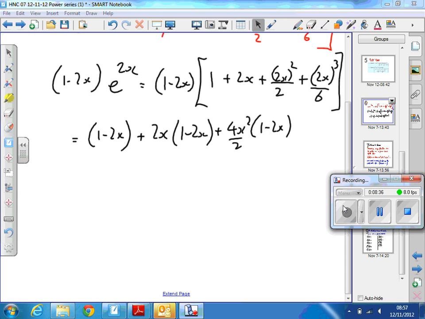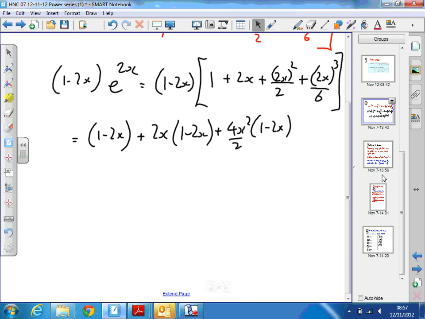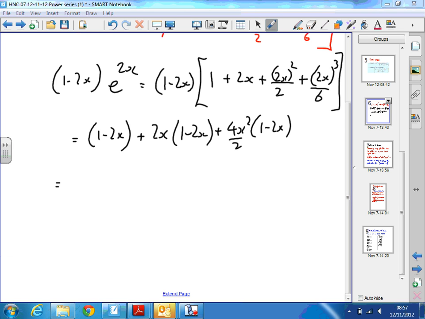So if we carry on with this one and try and suss our way through the algebra, then we get 1 minus 2x. 2x times 1 is 2x. So you can see already that later on they're going to cancel each other out. 2x times minus 2x is minus 4x squared.